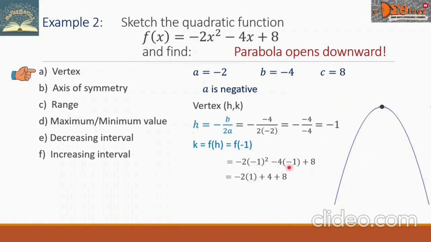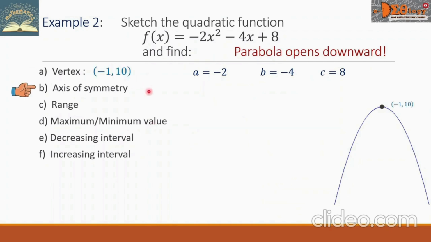Negative 4 times negative 1 is positive 4, then plus 8. Negative 2 times 1 is negative 2, then plus 4, then plus 8. Finally, the answer is 10. This is our k. So the vertex is negative 1, 10. We write this answer opposite letter A.